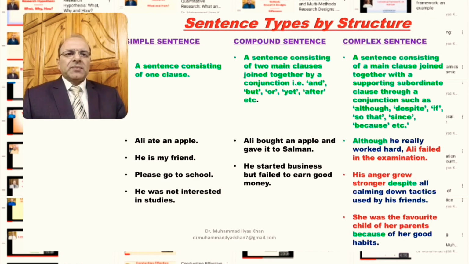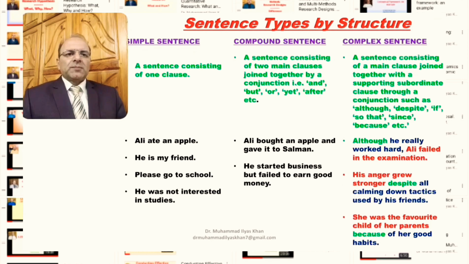These are joined together by conjunctions such as although, despite, if, so that, since, because, etc. In the first example, although he really worked hard, Ali failed in the examination. Here the main clause is Ali failed in the examination, while the subordinate one is he really worked hard.